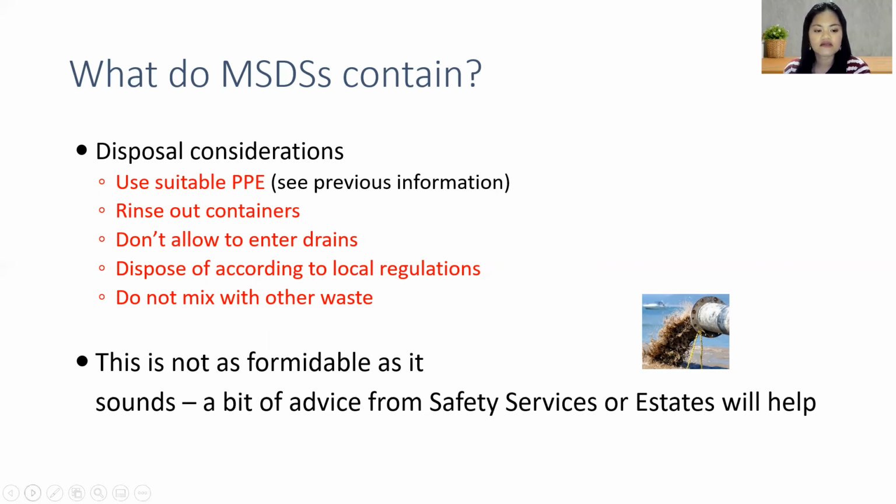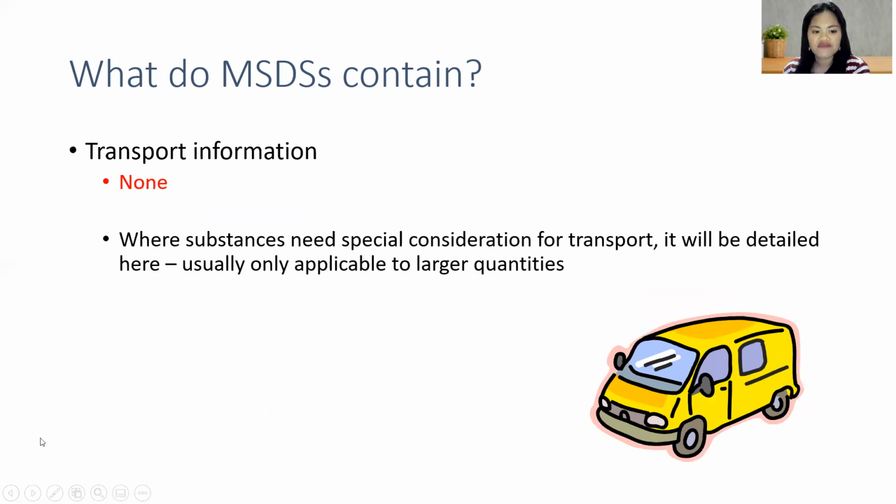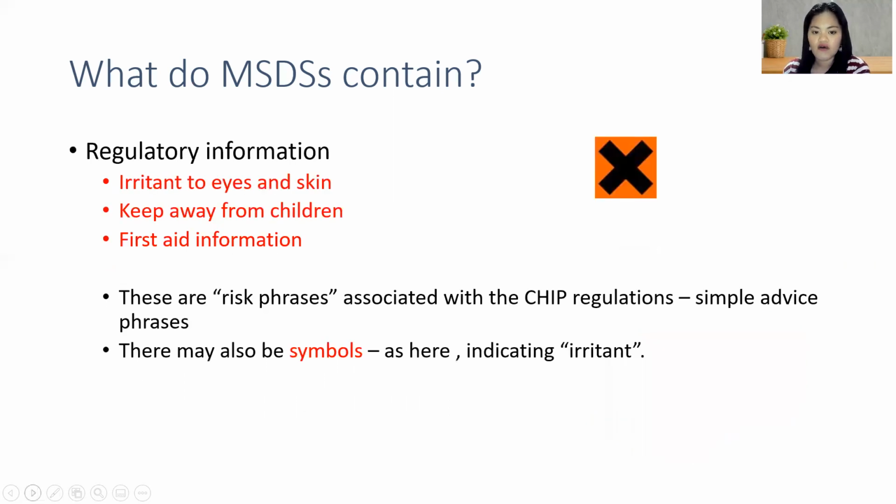I think it's really self-explanatory, and it also gives transport information, how the substances are being transported and how they should be packed in order to ensure safety. Of course, because if there is shaking or agitation, it may cause a fire, for some chemicals that are volatile. It is only applicable to larger quantities.